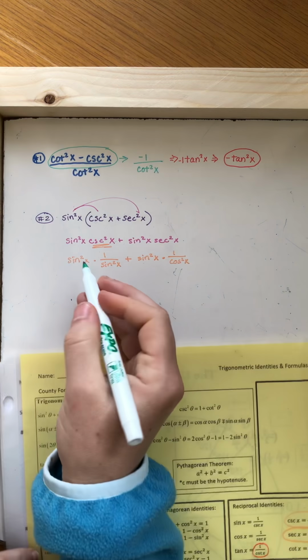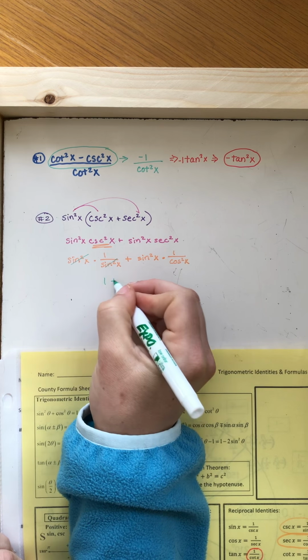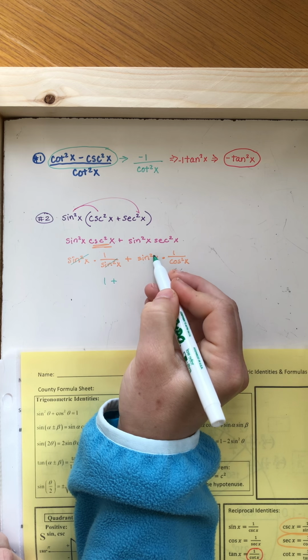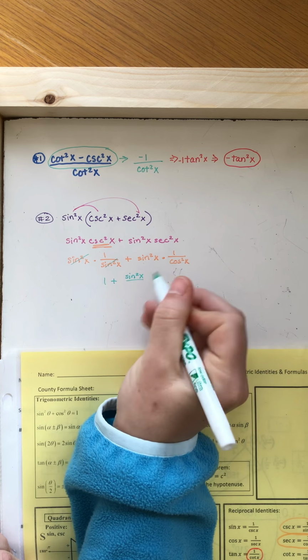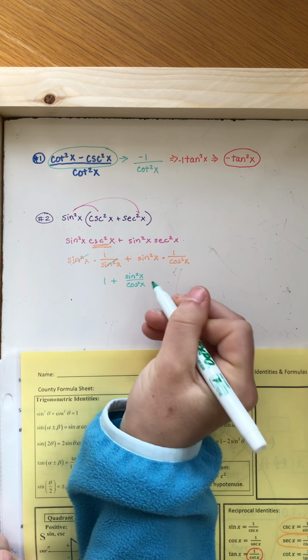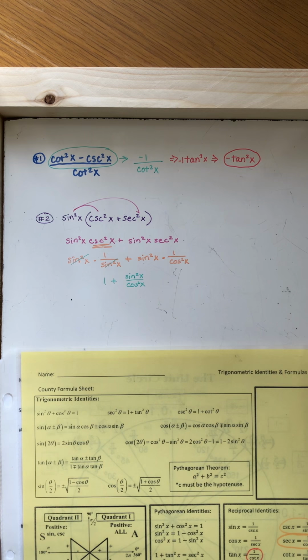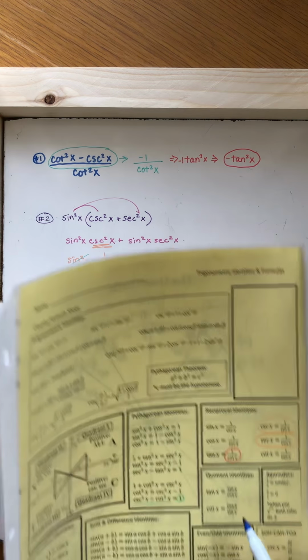Now because these are being multiplied, I can cross out my sine squared x's, and I have 1 plus. Nothing crosses out here. We have sine squared x times 1 is sine squared x. And then we're left with a cosine squared x at the bottom. And then you might be like, oh my gosh, I remember that sine squared x and cosine squared x, that's a quotient identity.